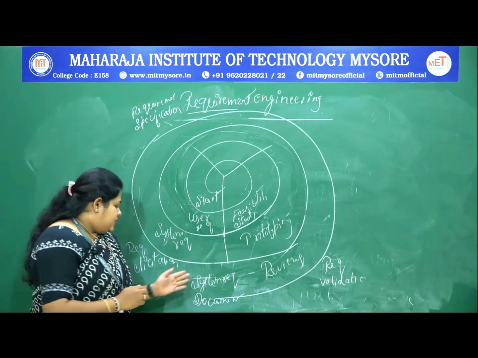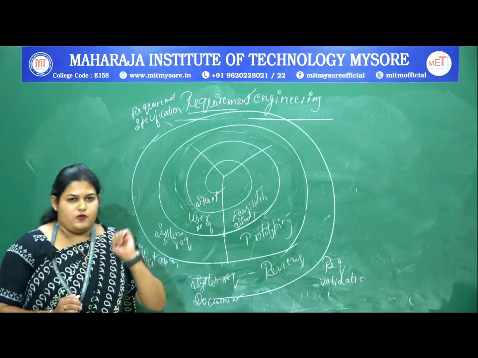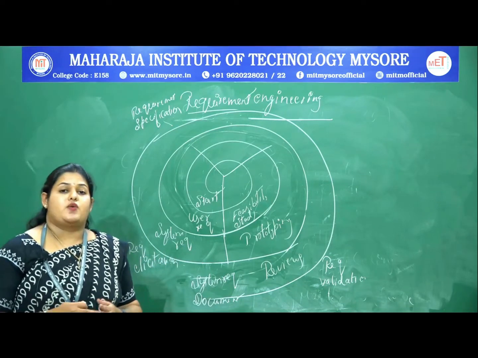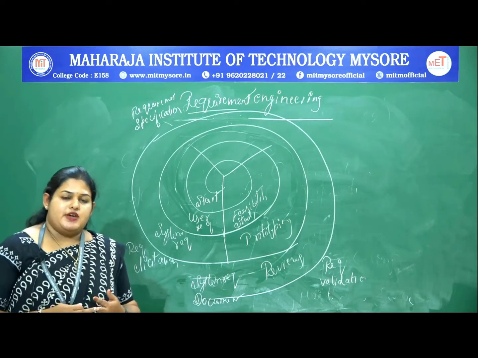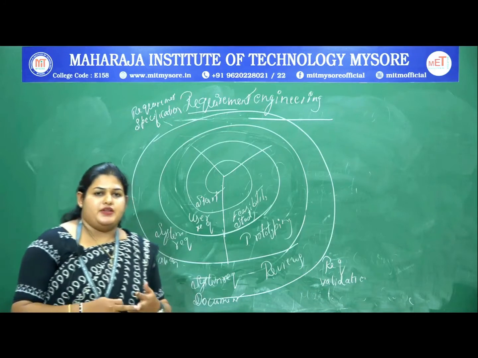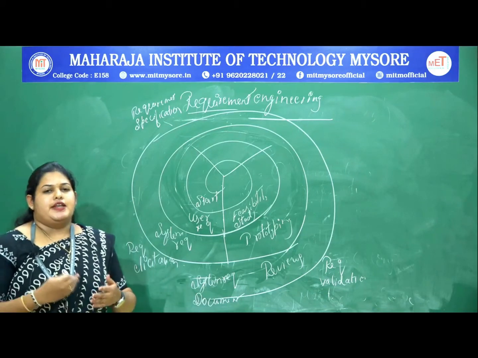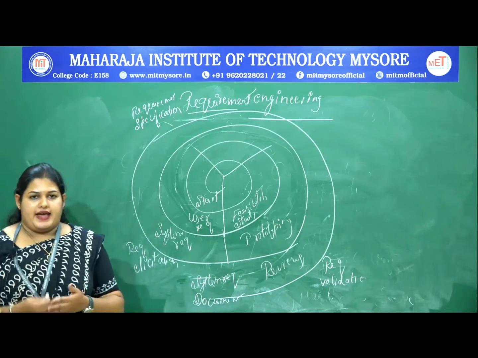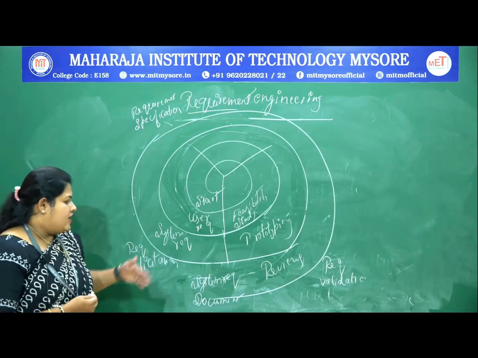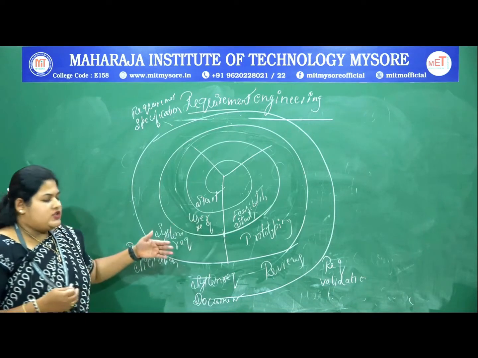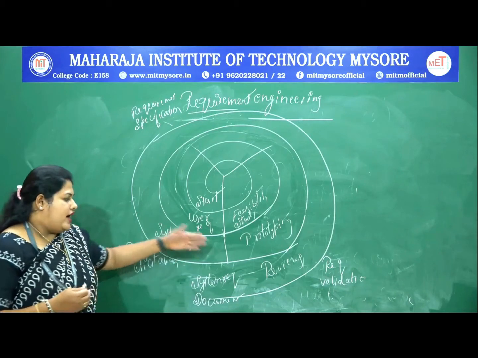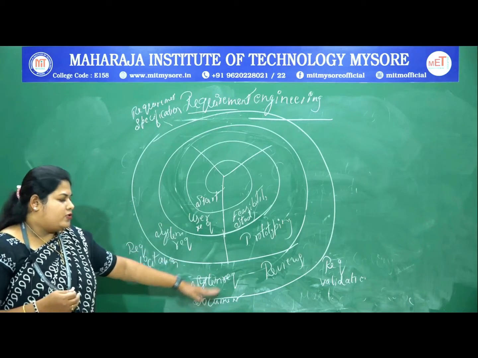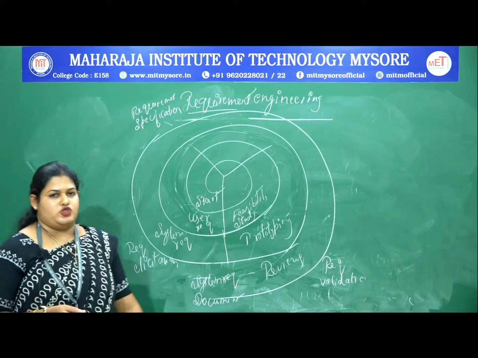So very well, with respect to that, we'll go with the 4 steps in requirement engineering. The very first is requirement elicitation, the next is requirement analysis, and the third one is requirement validation, and before that we will also go with the requirement evolution.